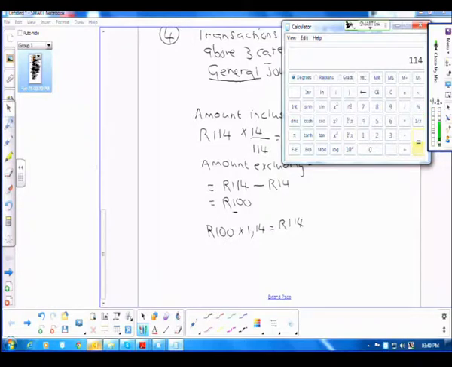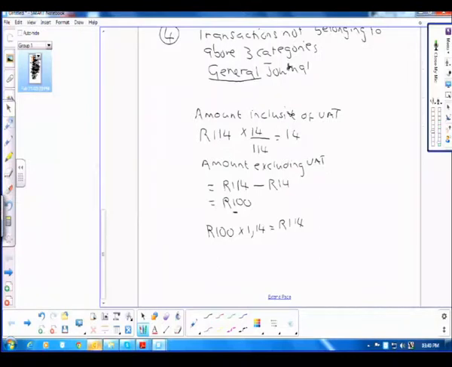So if we want to get back to the amount inclusive of VAT, we just take the amount exclusive of VAT and multiply it by 1.14. And if we want to work out the VAT amount, just take 14 over 114. All right, so this is easy.